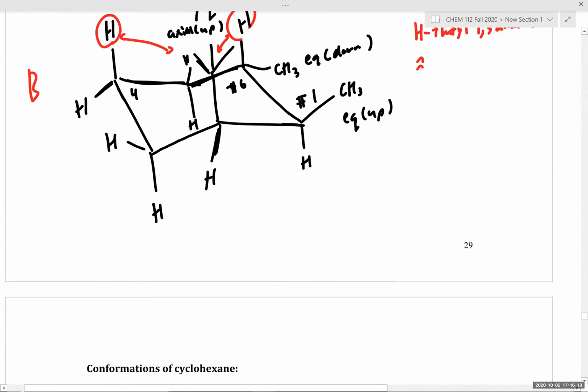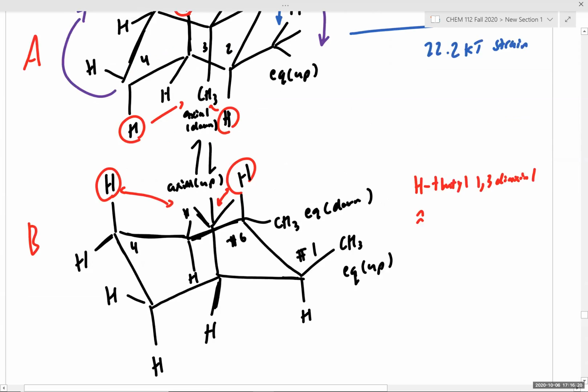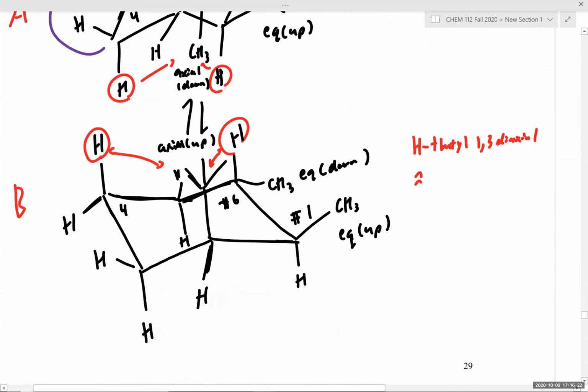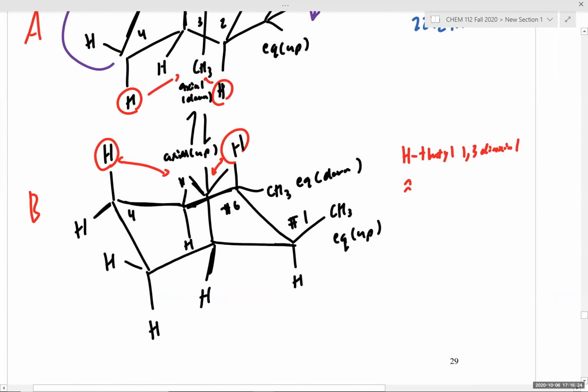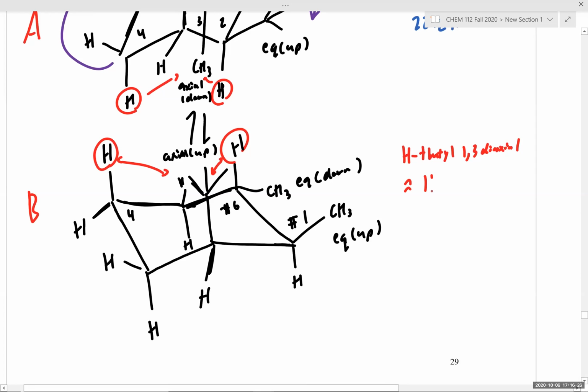So then we'll plug that number into our analysis. A hydrogen T-butyl 1,3 diaxial interaction introduces about 11.4 kilojoules of strain. Since we have two of these interactions, we have a pretty large amount of strain introduced by placing this T-butyl group in the axial position.